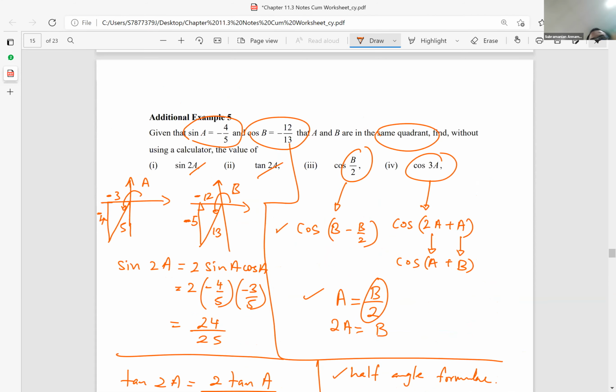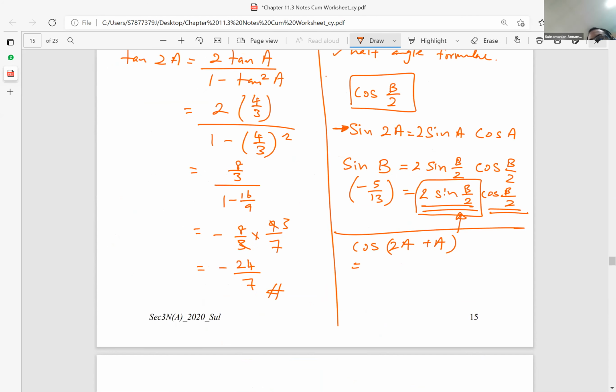What did they give me? So I tried to use cosine itself. So it should be cosine 2A cosine A minus sine 2A sine A.